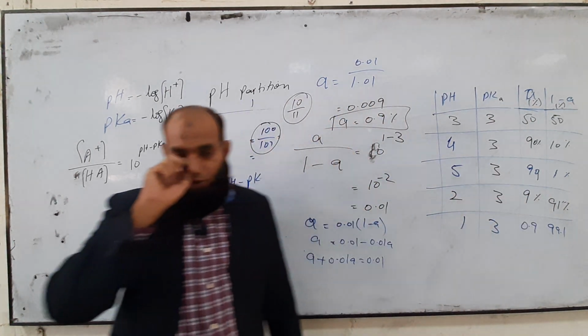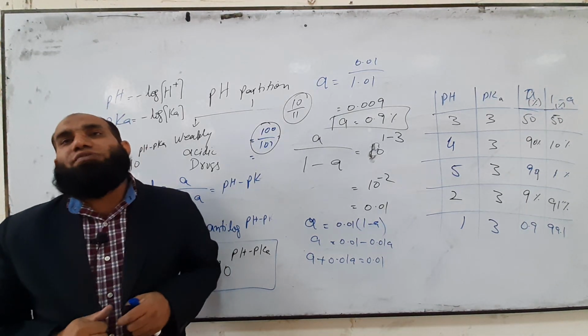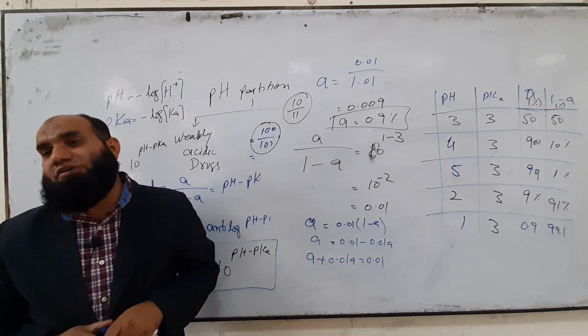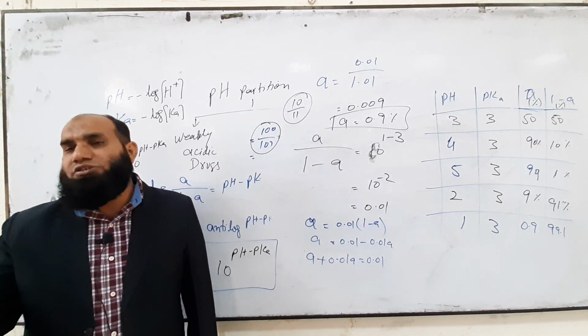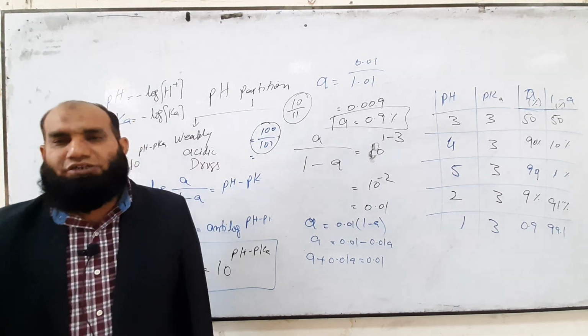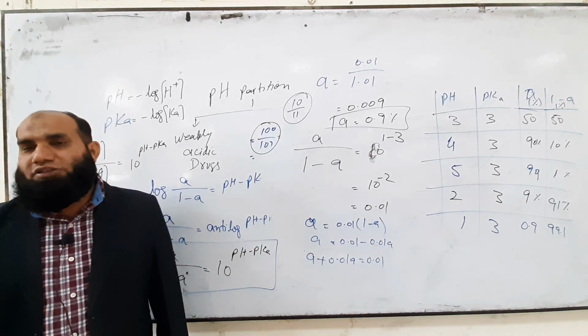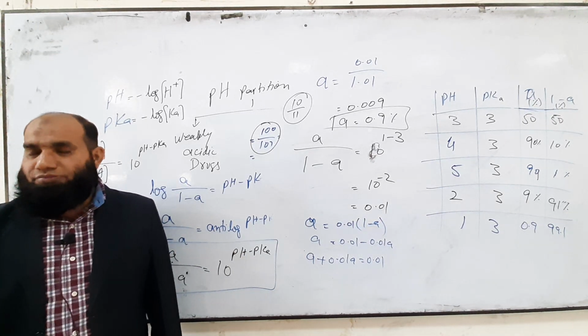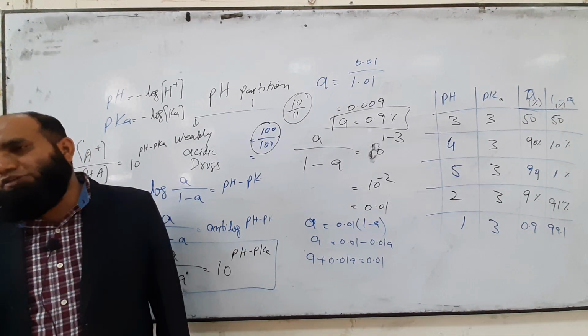Okay, now we can make 3 sentences here. For example, where the drug has its maximum ionization, the drug will be present maximum at that compartment. For example, if the drug is present in maximum ionized form in the GI system, then the maximum drug is present in the GI system, not present in the plasma.